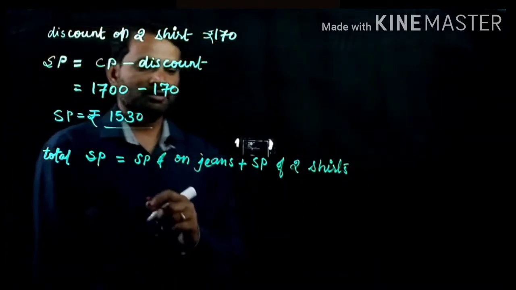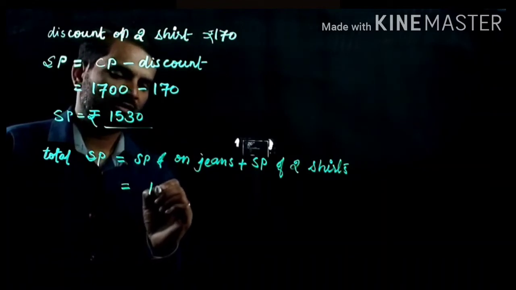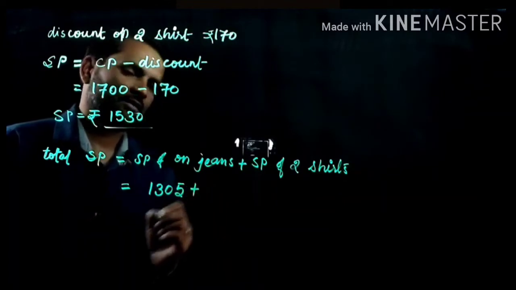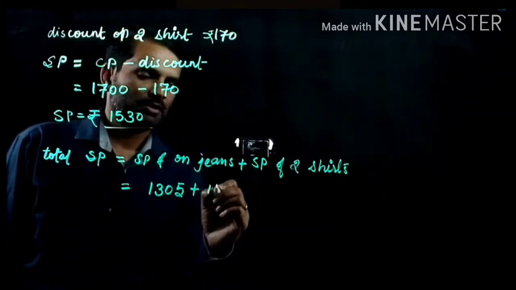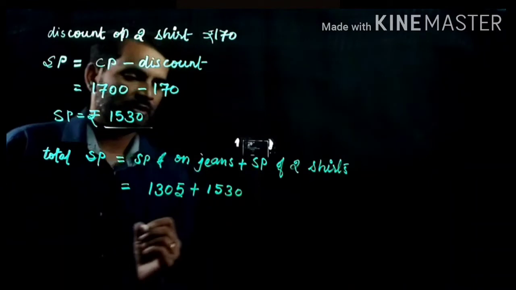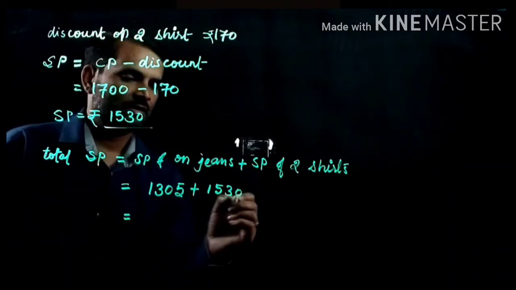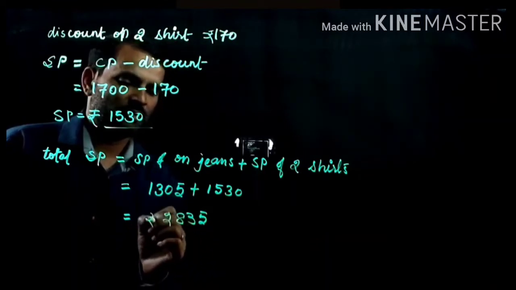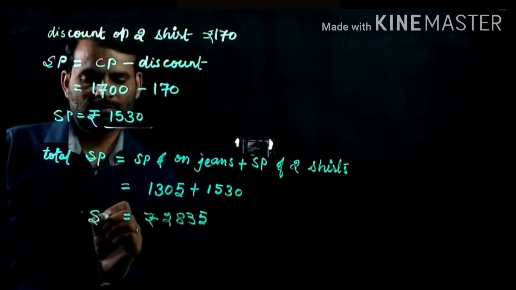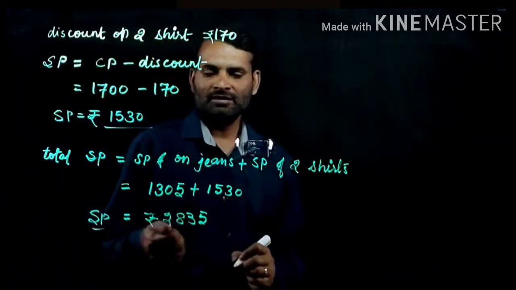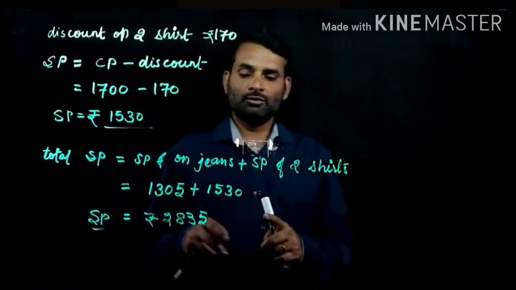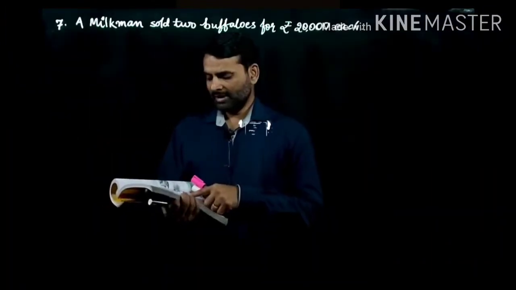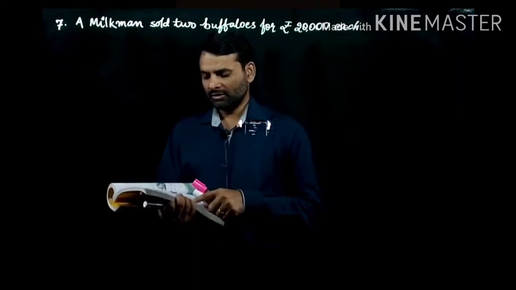The jeans is 1305 rupees, plus 2 shirts is 1530 rupees, and after the sum you get 2835. It means the total sale price they paid after the 10% discount is 2835 rupees.